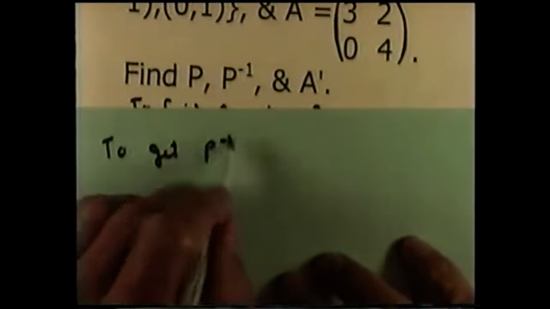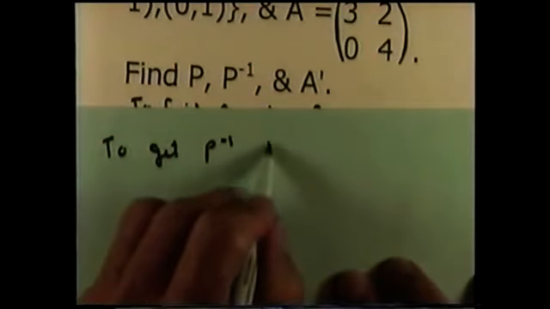So we get that P is equal to 1/5, 2/5, negative 2/5, 1/5. And I also said find P inverse.